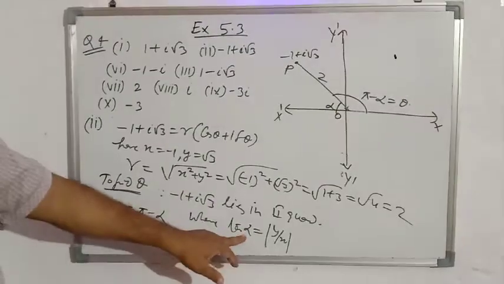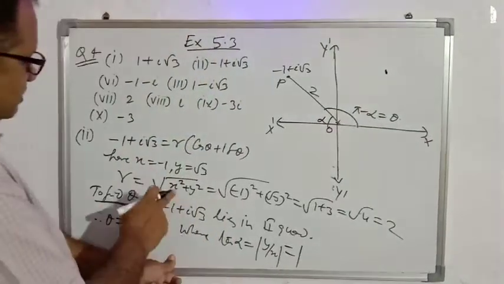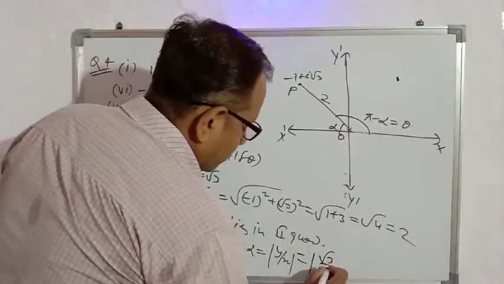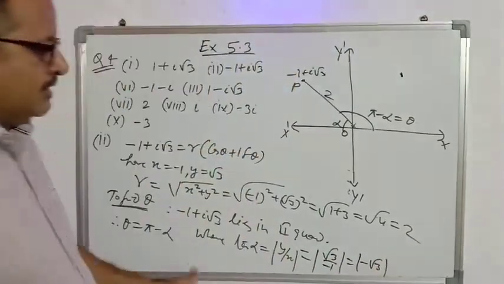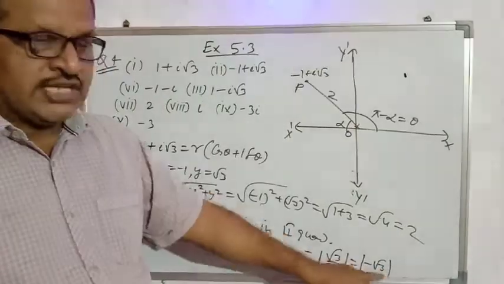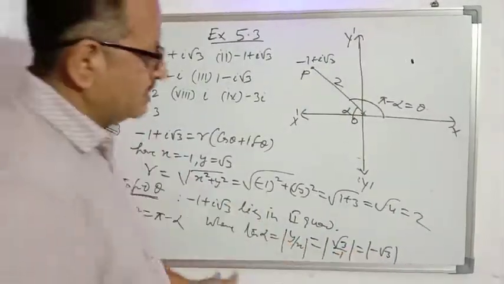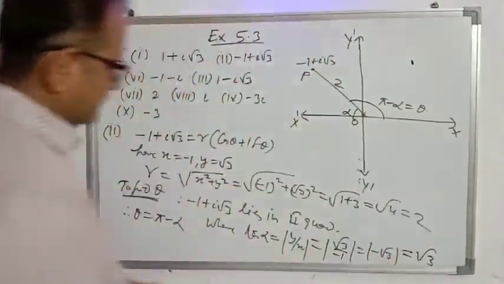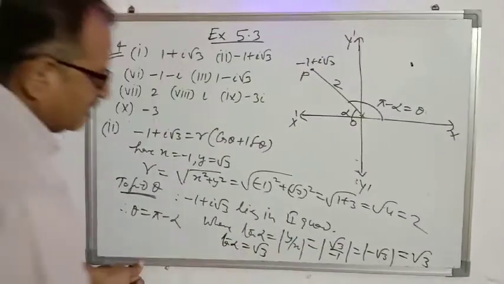So find the value of alpha from this relation. Y is root 3, x is minus 1. Root 3 upon minus 1 will be minus root 3. But the modulus sign is there, so we have to take the positive. So mod of minus root 3 will be only root 3. So tan alpha is equal to root 3.